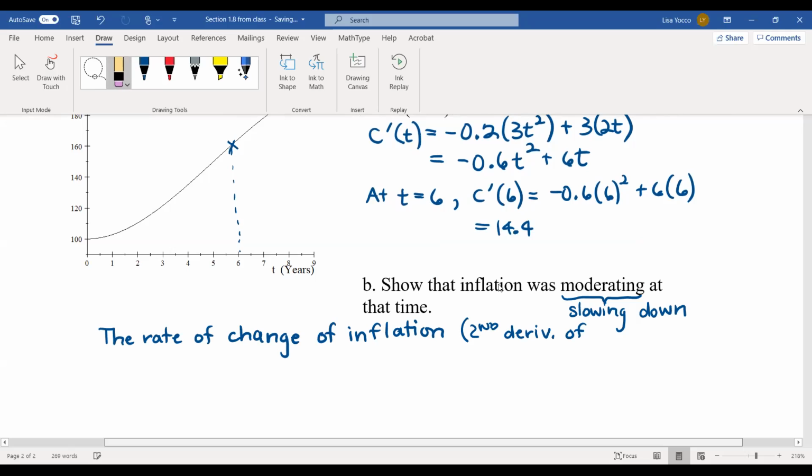That's the first derivative of the inflation. All right. So the rate of change of inflation tells us whether inflation is increasing or decreasing.